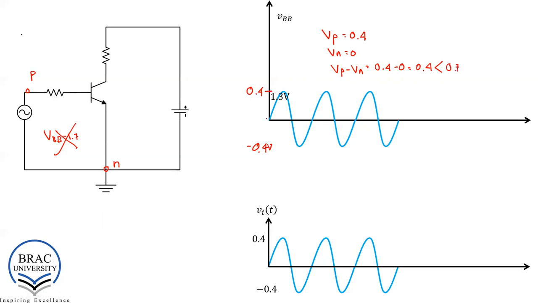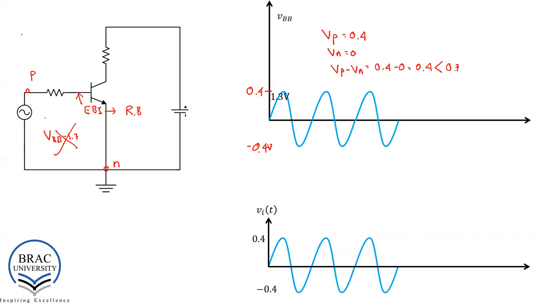Okay, so that is when it is in a positive half cycle. On the other hand, when it goes to the negative half cycle, the P side becomes even more negative. So that means our base emitter junction EBJ is always reverse bias.